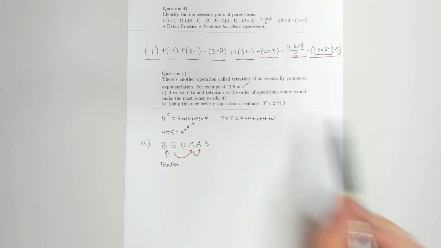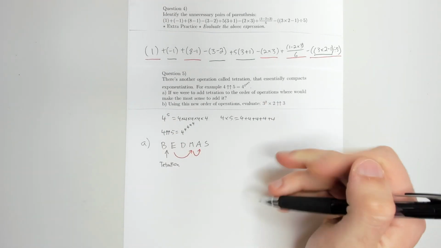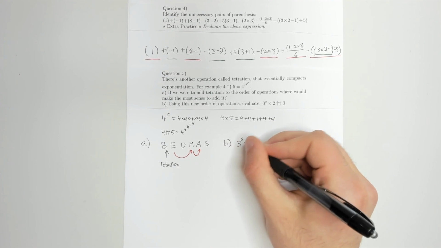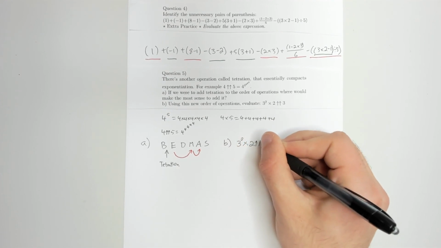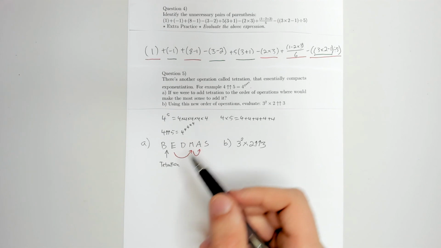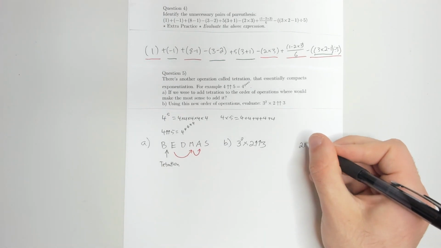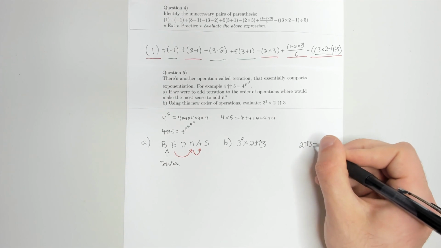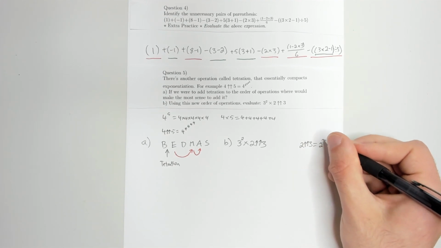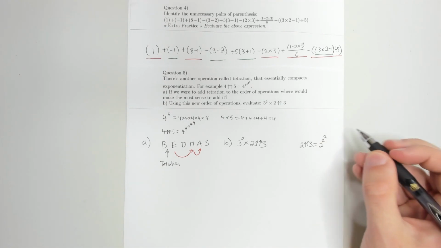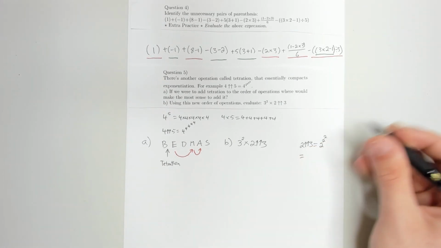And then it says, using this new order of operations, let's actually evaluate a statement that has tetration involved. So we have 3 squared times 2 tetration 3. Using our new order of operations, we're going to evaluate the tetration statement first. So 2 tetration 3, that's the same thing as 2 to the power of itself 3 times, right? And we know how to evaluate something like this, and we actually talked about this in an earlier question.